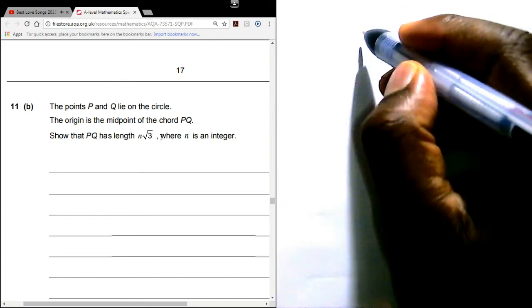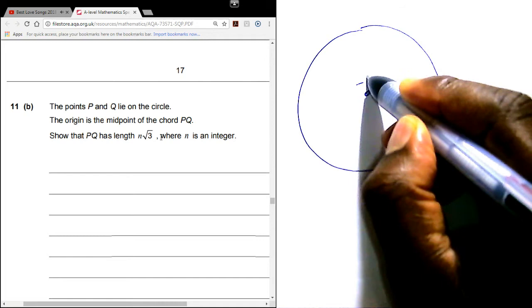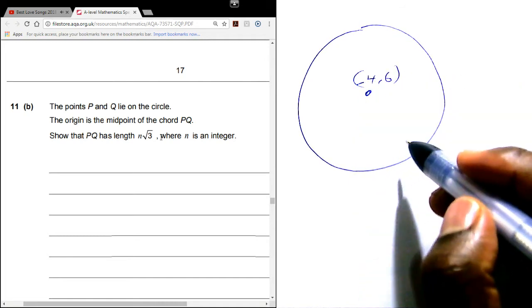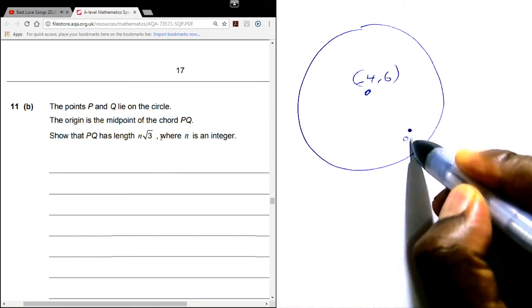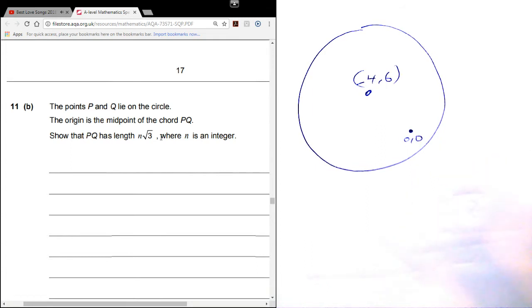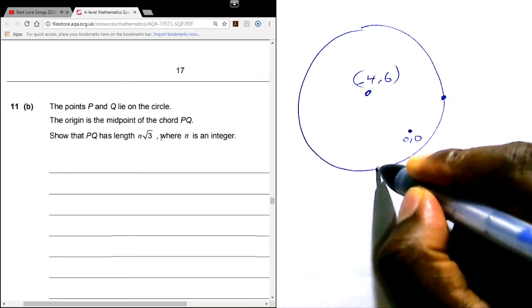Okay, so we have a circle. The center is given as -4, 6, and somewhere along the circle we have the origin standing there, 0, 0, and we've been told that this origin is the midpoint between 2 points that lie on the circle.